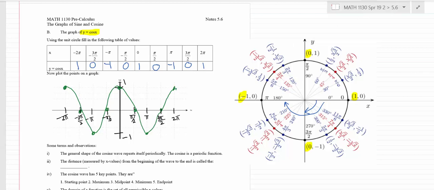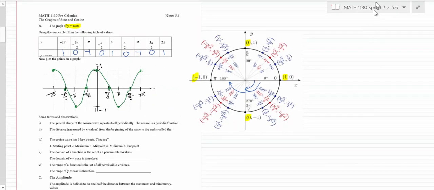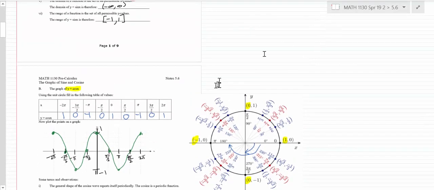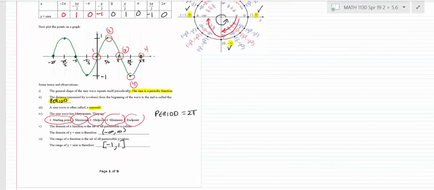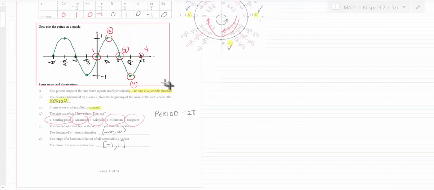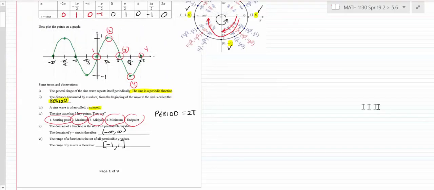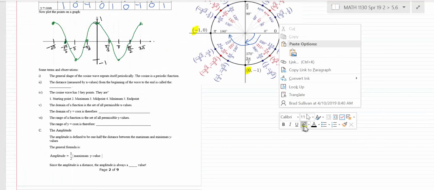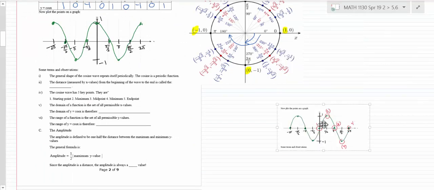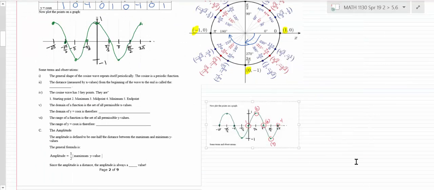What I want to show you, though, is the only difference really between the sine and cosine is basically this. I'll go back to this page here in just a second. Just want to show you so you can see these things side by side, the sine starts in a different point.